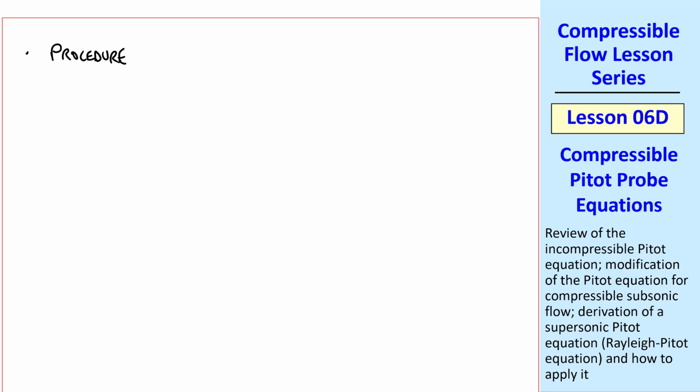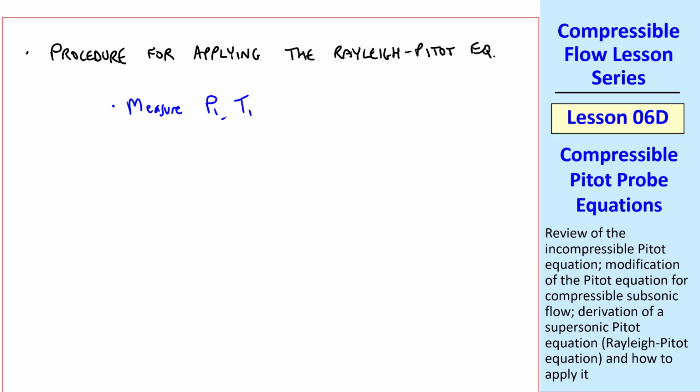Let me now go through the procedure for applying the Rayleigh-Pitot equation. We measure P1, T1, and P0 2, where P0 2 comes directly from the Pitot probe, and P1 and T1 have to be measured through other instruments. Then we calculate P1 over P0 2, since we know both of these.